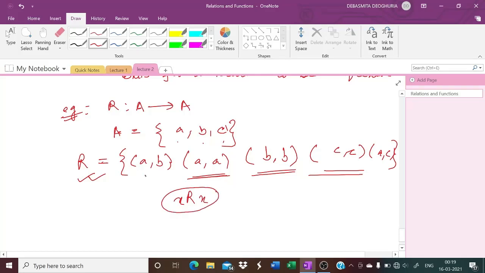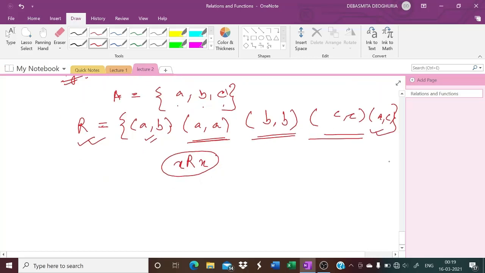So even if some other element exists in the set of relations, it is not that your relation is not reflexive. Your relation is reflexive. This is what you should know. It is a common mistake in exams. So we have done with the first type. Now we will do the second type.